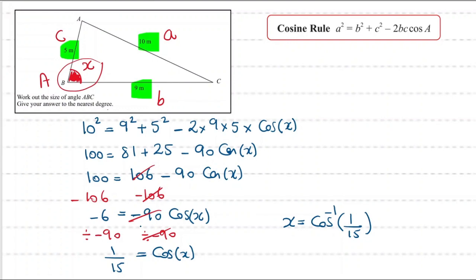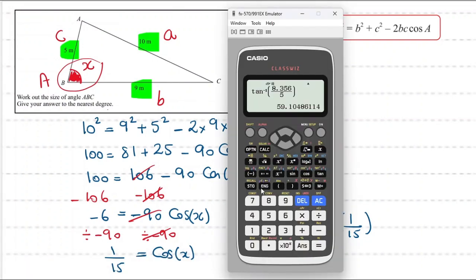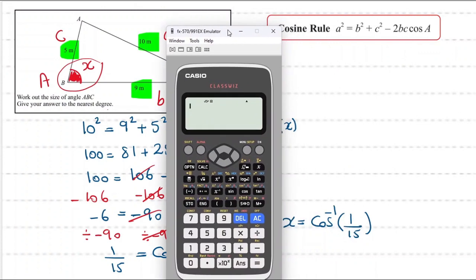And to calculate this on our calculator, we have to press shift, then cos, and in brackets we type 1 over 15, and we close the brackets and we press equal.